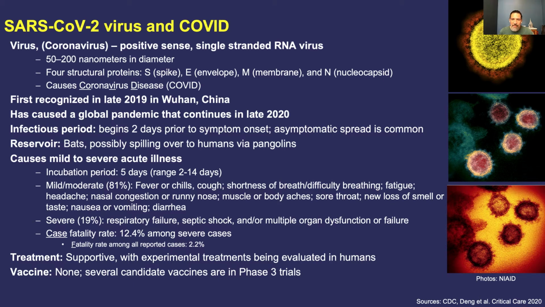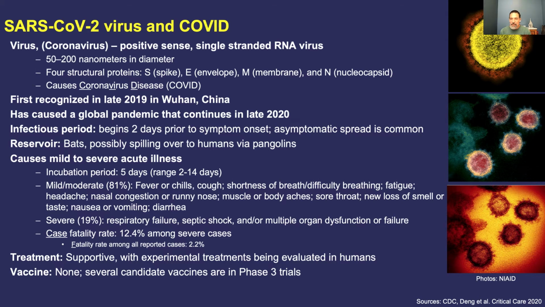One large study that described the spectrum of illness and risk factors for death among the 44,672 lab-confirmed cases that were reported to the Chinese CDC through February found that among those who developed symptoms, SARS-CoV-2 causes mild or moderate disease in about 81% of patients and severe acute illness in about 19% of patients.